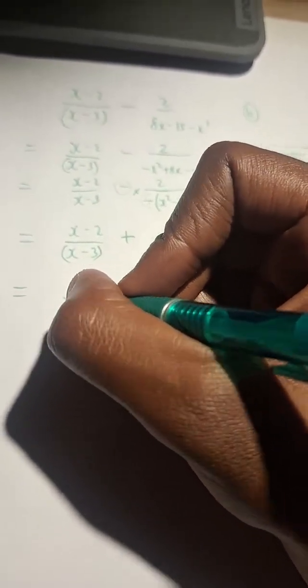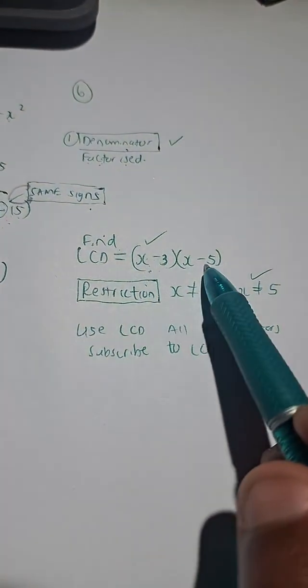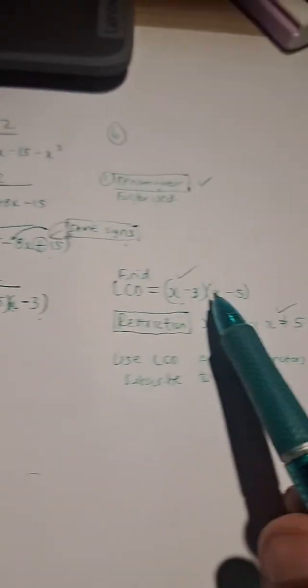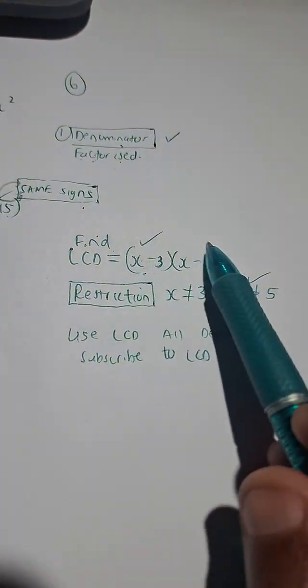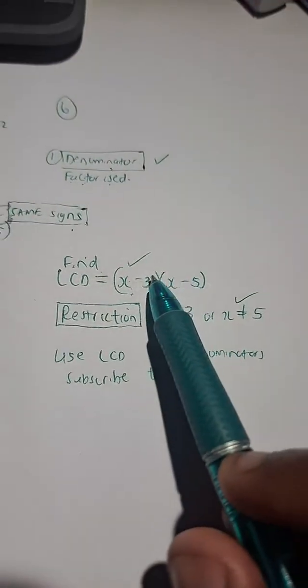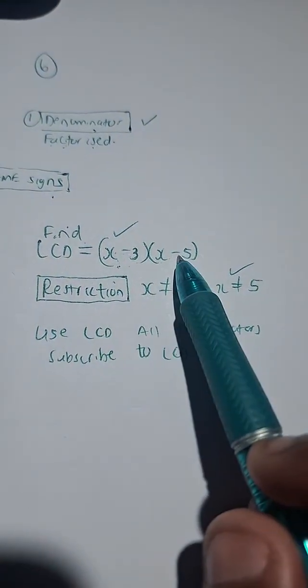So this is what you then do. X minus 3, this denominator, does it look like this denominator? No, it doesn't. This denominator does not look like the LCD. What's missing in order for this denominator, x minus 3, to be the same as this denominator?